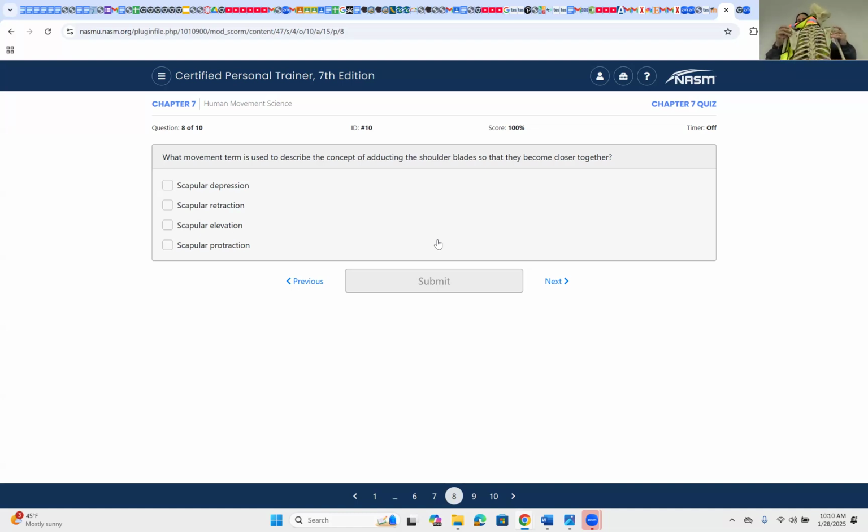So draw the scapula as if you are drawing it on a body, but you don't have to draw the ribs.